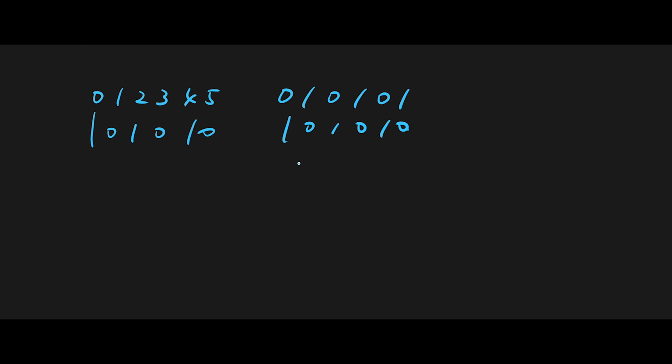So for example, the string is 1, 0, 0, 1, 0, 1, 0, 0. The remainder should be 0, 1, 0, 1, 0, 1, 0, 1. In this case, we should change where the numbers are the same.